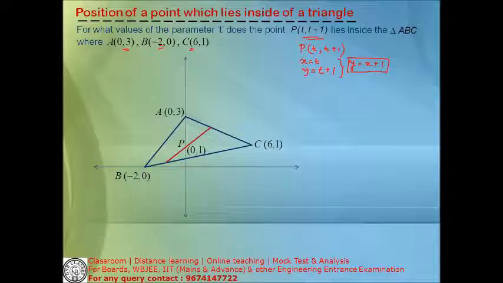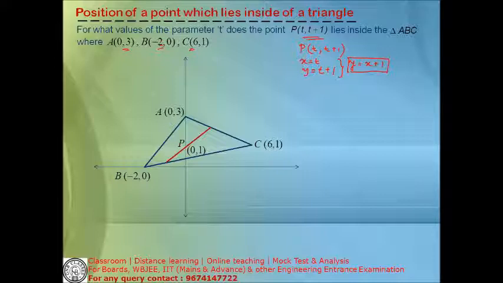On this straight line, any point is (t, t plus 1), but they have said that this point is lying inside the triangle. So that point can be anywhere on this straight line inside the triangle.